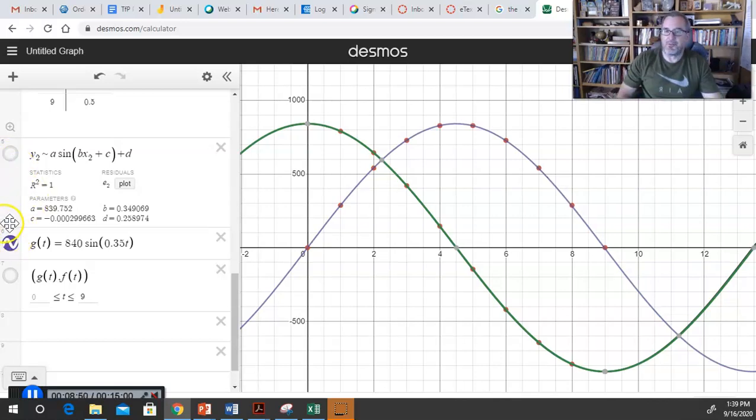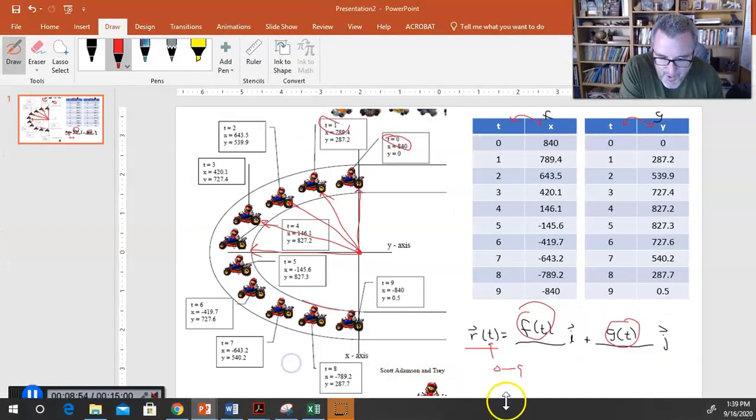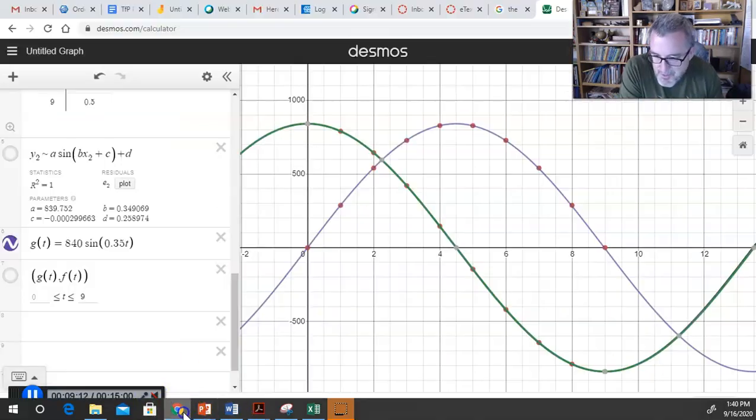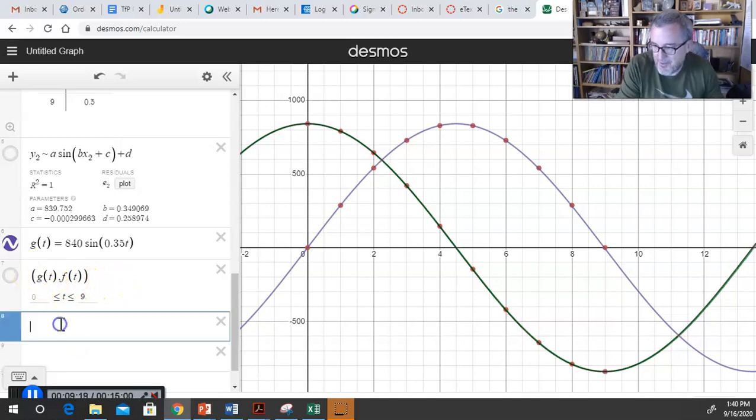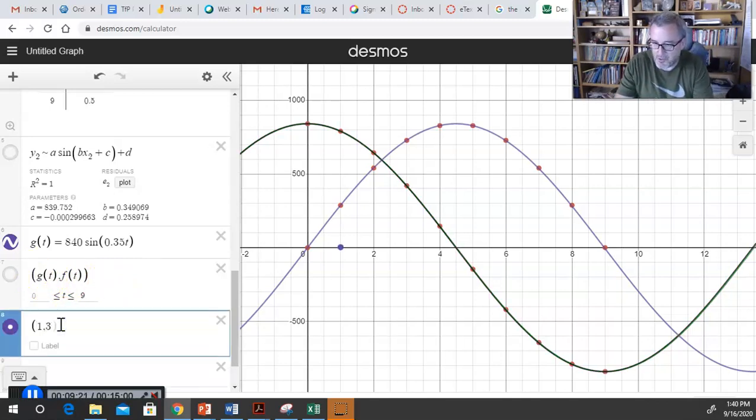All right, so now let's put it all together. We now have these functions to model the position of Mario as a vector. The components of that vector would be whatever f of t is times i plus whatever g of t is times j. In terms of Desmos, I can just plot f of t, g of t as an ordered pair, like you can plot an ordered pair 1, 3.